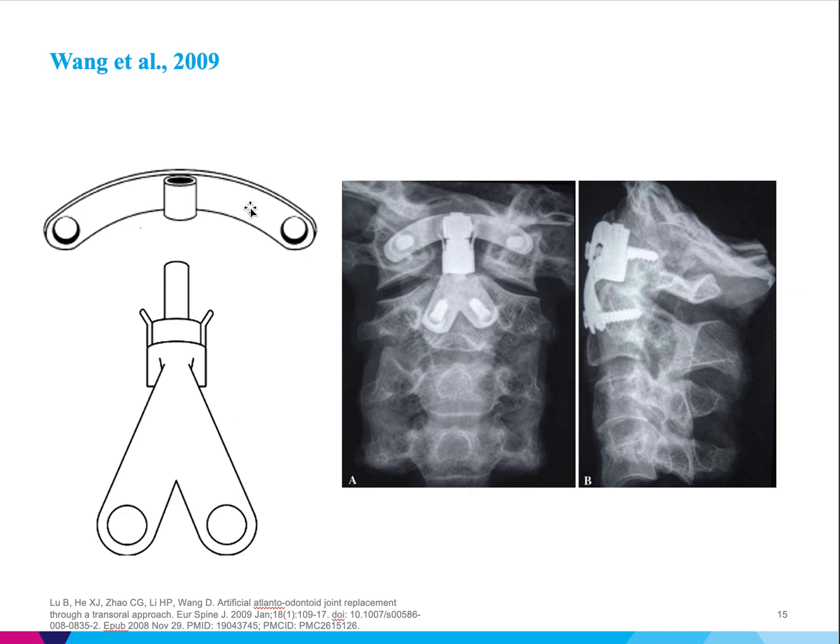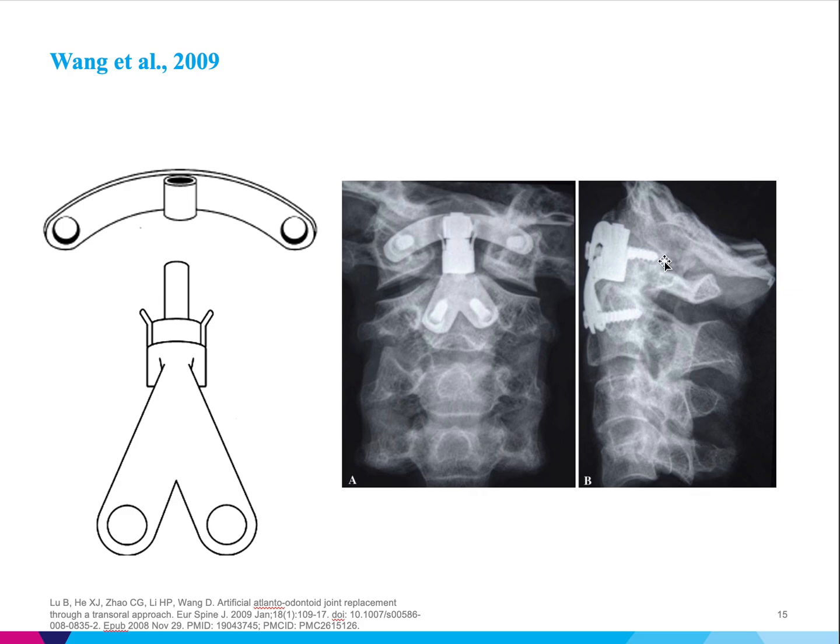One part attaches to C1, the other part attaches to C2, and in thinking about allowing axial rotation, they have this hinge about this piston on C2 with these metal processes that protrude out, and these help to constrain and prevent over rotation, so that you can have rotation of C1 over C2, and then these processes will constrain the rotation towards a normal physiologic movement, so approximately 45 or so degrees to each side.